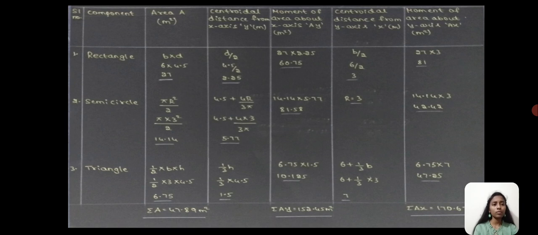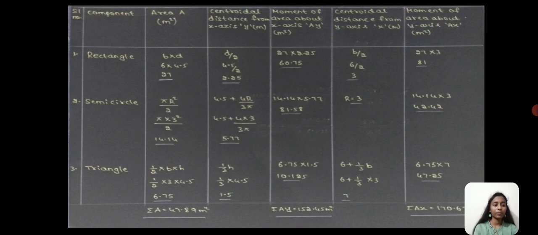Now moment of area about x-axis, that is equals to A into y. We have to multiply both the area and the centroidal distance. 6.75 into 1.5, that is equals to 10.125 is the moment of area about x-axis. Now centroidal distance from y-axis, 6 plus 1 by 3 into b. 6 plus 1 by 3 into breadth of the triangle.